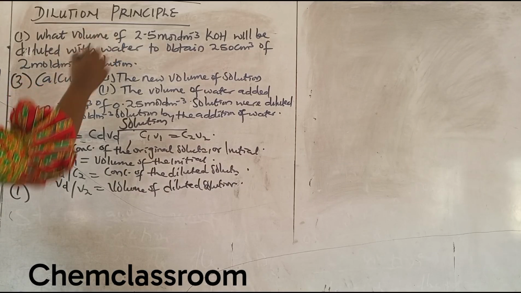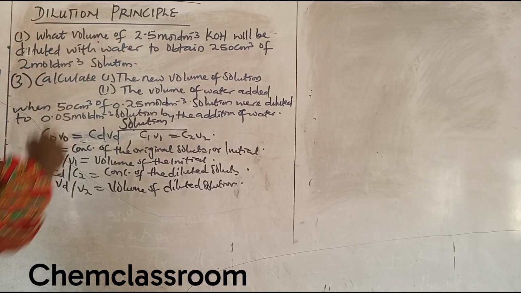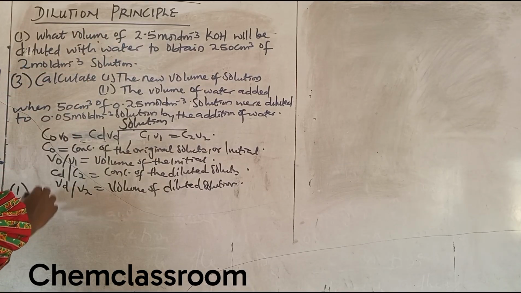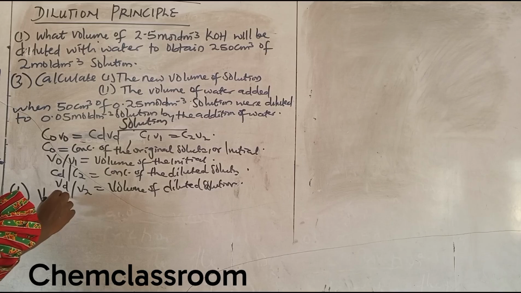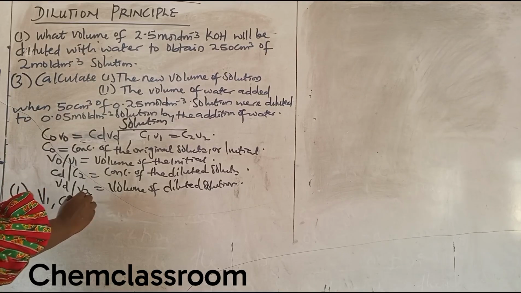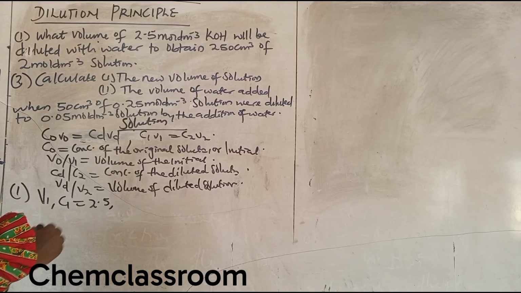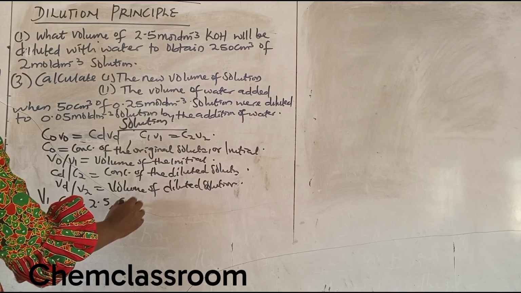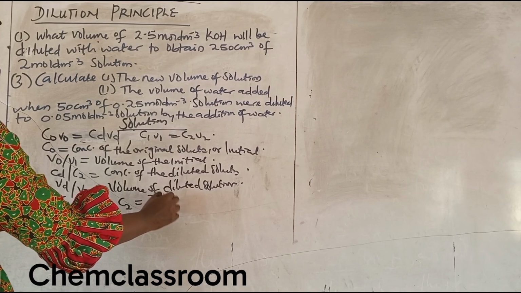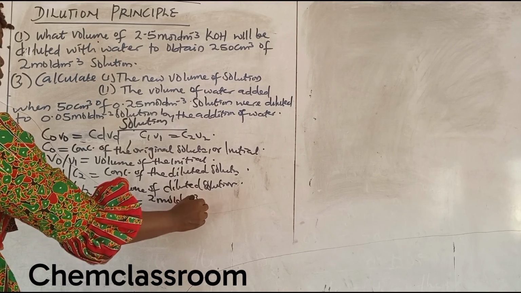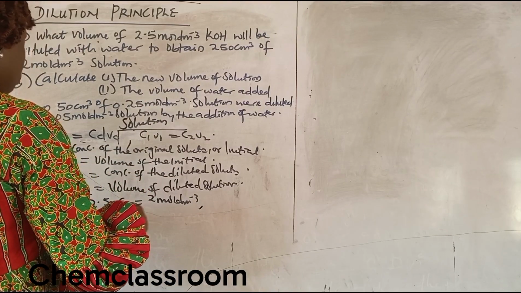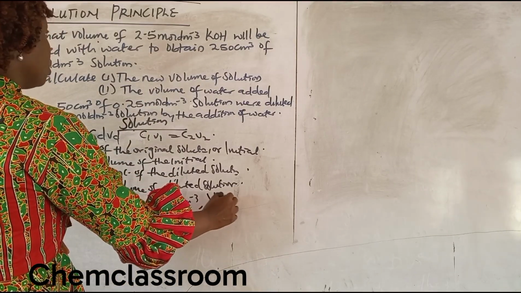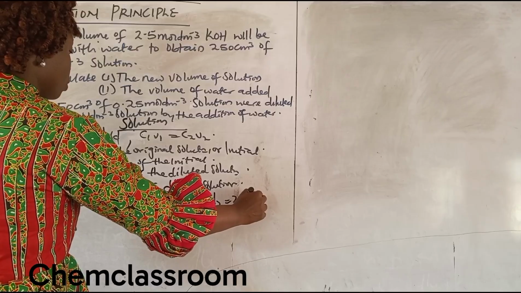Here we are looking for the initial volume, which is V1. Then they have given us C1, the initial concentration, 2.5. Then C2 is 2 mole per dm³, while V2 is 250 cm³.